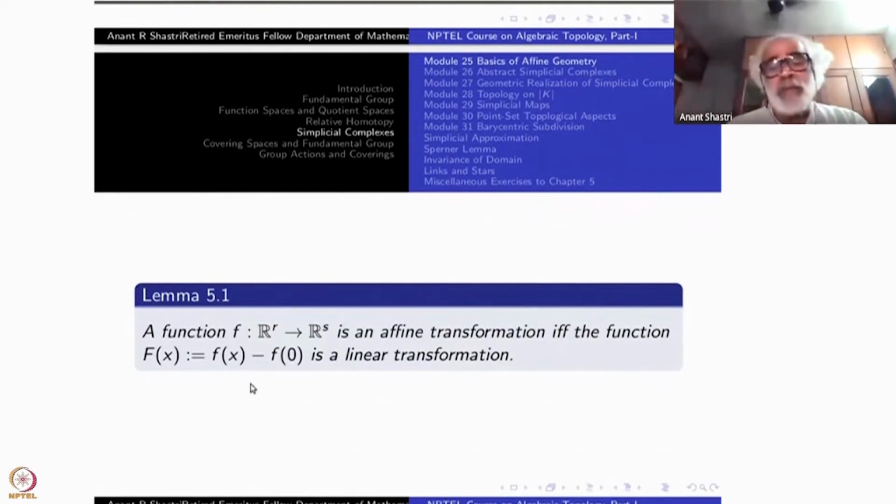In a linear transformation, 0 would have gone to 0. For an affine map, f(0) might not be 0, because it does not treat any point as distinct. That is the whole business. So now you know what 0 is. Look at the image of 0 under f, subtract that, and the corresponding function will be linear, and conversely.